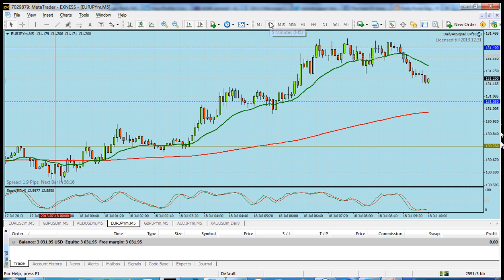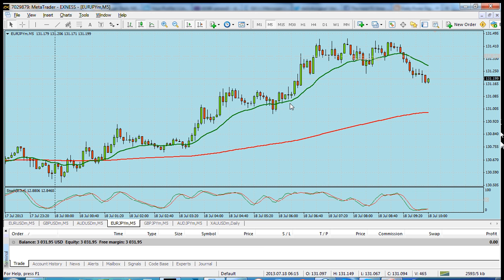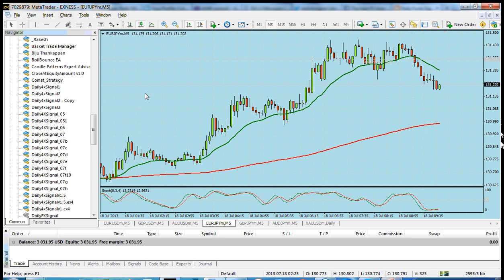Now let me show you how this particular EA is attached to the chart. It's a very simple process. Let me first remove this. Alright, let me re-add it to see if those lines automatically get added from the blog as well as the indicators.